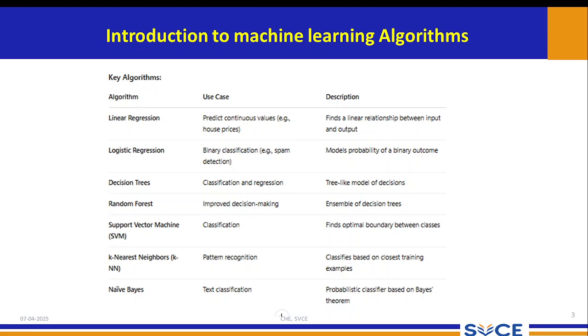We have seen the random forest and the support vector machine elaborately with suitable chemical engineering problems in the last class. Today I am going to explain linear regression, logistic regression, and decision tree, with chemical engineering examples of these three categories.